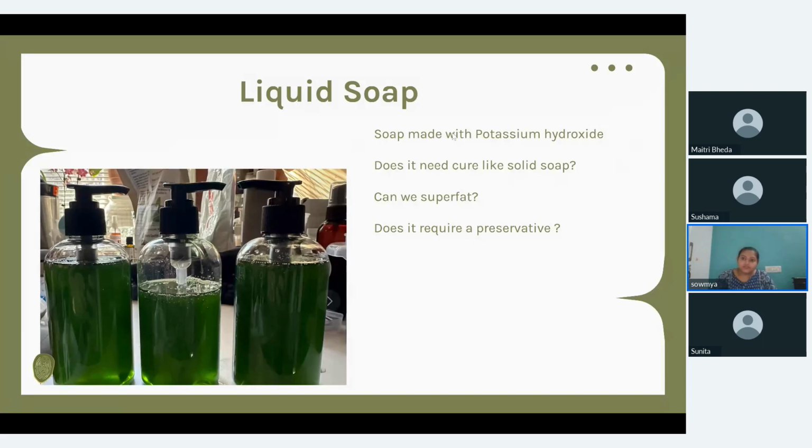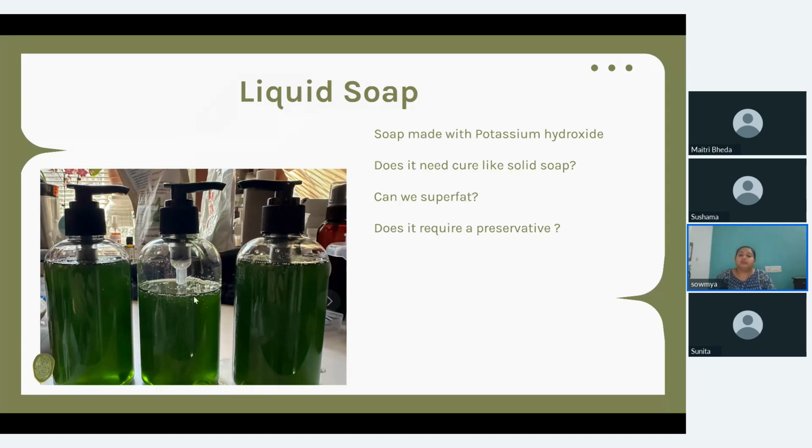I told you that for cream soap, shaving soap or Beldi soap we use a dual lye soap. Even for making liquid soaps we can use sodium and potassium hydroxide, but the percentage will differ for cream soap and liquid soap. With further slides I will explain more about it.